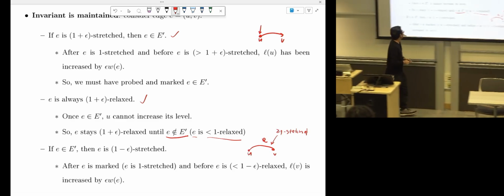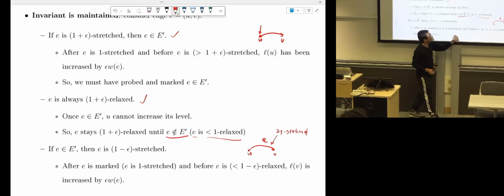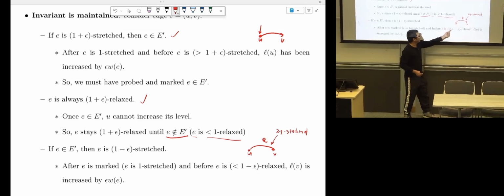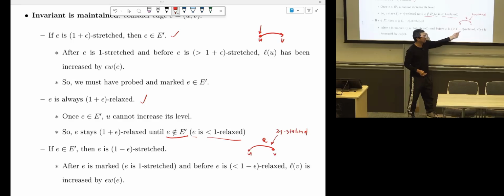Why? Because when it's marked, it's 1 stretch, but before it becomes too relaxed, less than 1 minus epsilon relaxed, the level of V must have increased by quite a lot. By how much?